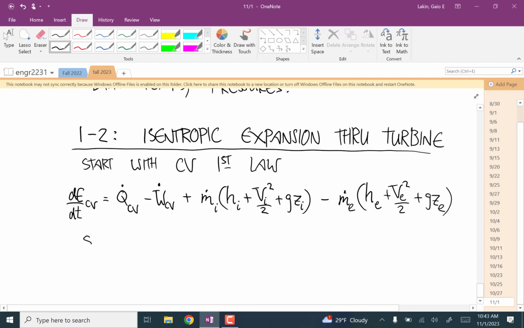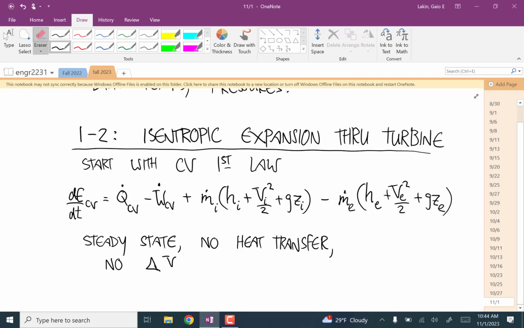We're going to assume it's steady state. We're going to assume there's no heat transfer. And we're going to assume there's no change in kinetic energy or potential energy.